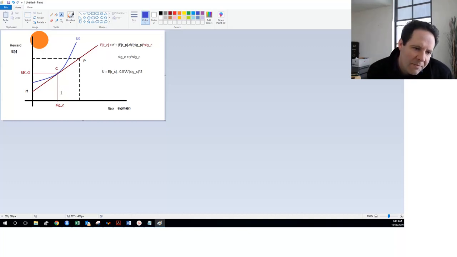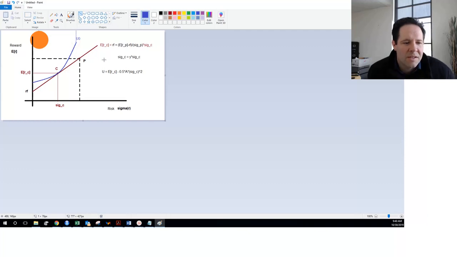From that standpoint, I'm going to try to shade in a whole region. I'm going to put a ray up that way.